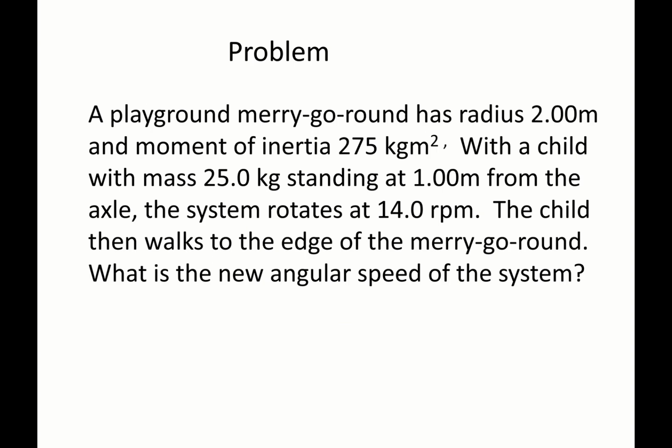Okay, so the problem that I'm going to have you do is very similar. You've got a playground merry-go-round that has a moment of inertia of 275 kilogram meters squared, and you're told that when you have the merry-go-round with a kid standing 1 meter from the axle, so that's your initial position, you have the merry-go-round plus the kid 1 meter from the center, the system is rotating at 14 RPM.